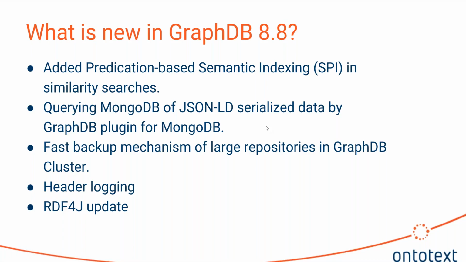You also have improvements for our MongoDB plugin, so you can integrate GraphDB and MongoDB. There's now JSON-LD serialization for talking between the two of them. There's a faster backup mechanism for the cluster. The cluster is a high availability tool available together with the GraphDB Enterprise Edition.